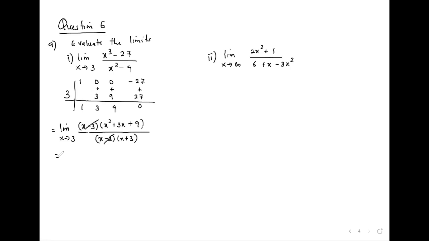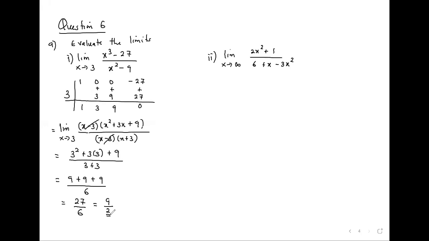Substitute on the remaining: 3 squared plus 3 by 3 plus 9 over 3 plus 3. So you get 9 plus 9 plus 9 over 6. That is 27 over 6. 3 in 27 goes 9 times, 3 in 6 goes 2 times. So 9 over 2 is the limit.